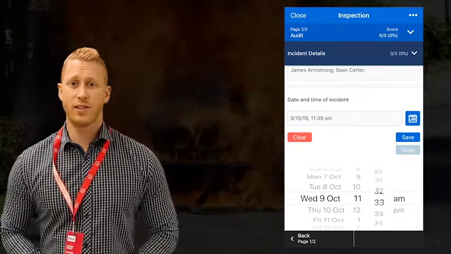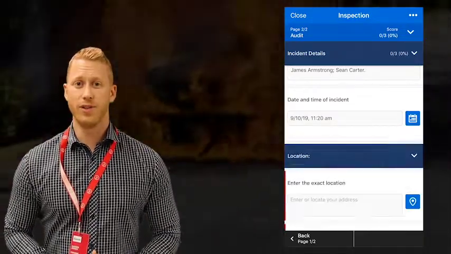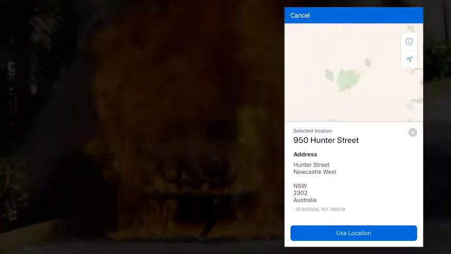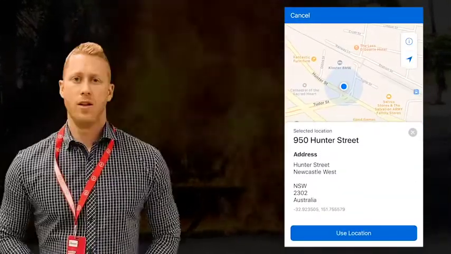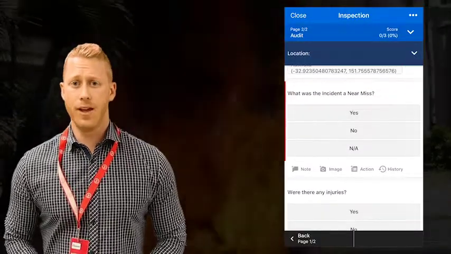Next, you can see it asks if the incident was a near miss and if there were any injuries. It'll also ask if there was any damage to equipment or plant on site.